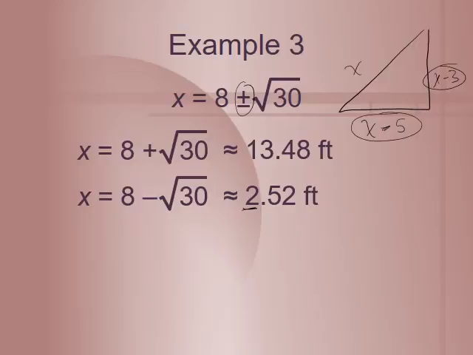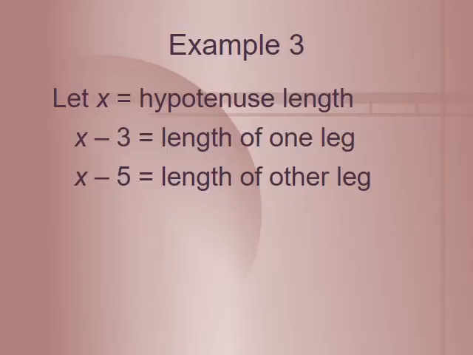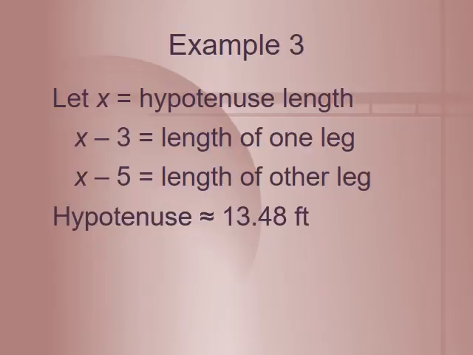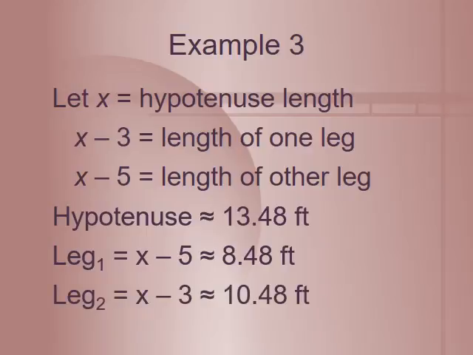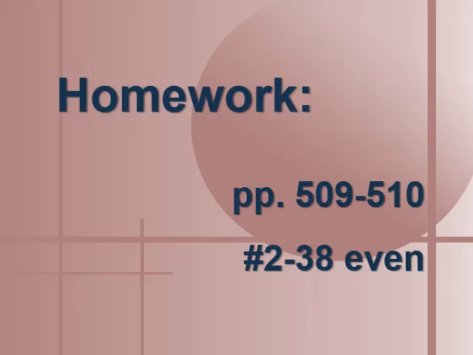So 13.48 is going to be our reasonable answer. So that'll make leg 1 be 8.48 and leg 2 be 10.48. And our hypotenuse is still longer than both of those, so we know it seems like it should be a reasonable answer. And here's your homework for the day.